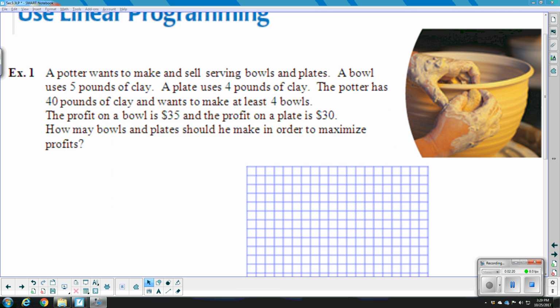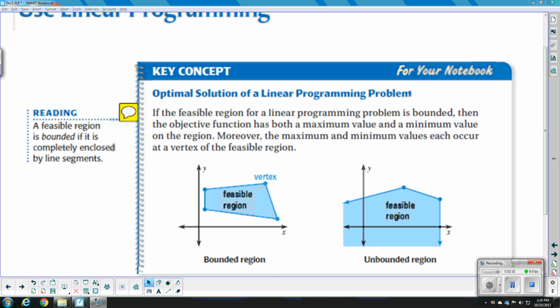This first example related to the potter and making bowls and plates, we're going to skip that for now because it's a little bit longer, and I want to get familiar with the constraints and objective function before we go into that. But on your guided note sheet, you see this key concept, feasible region, and you either have a bounded feasible region or an unbounded feasible region.